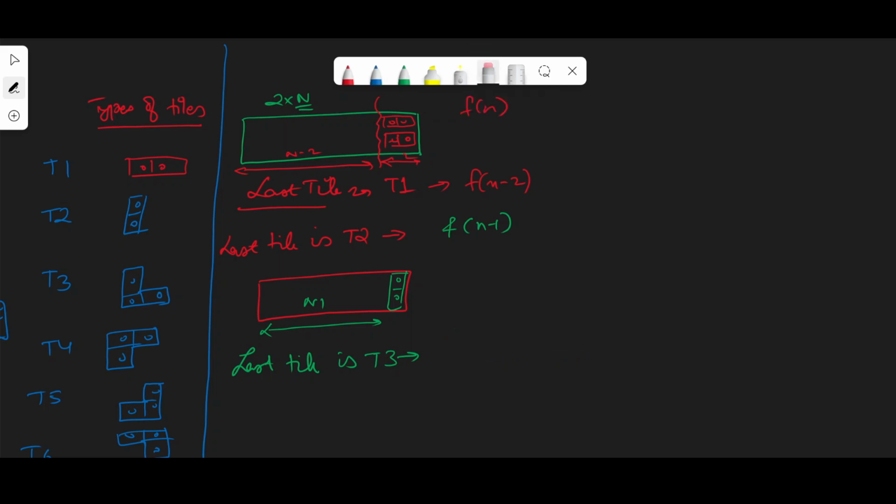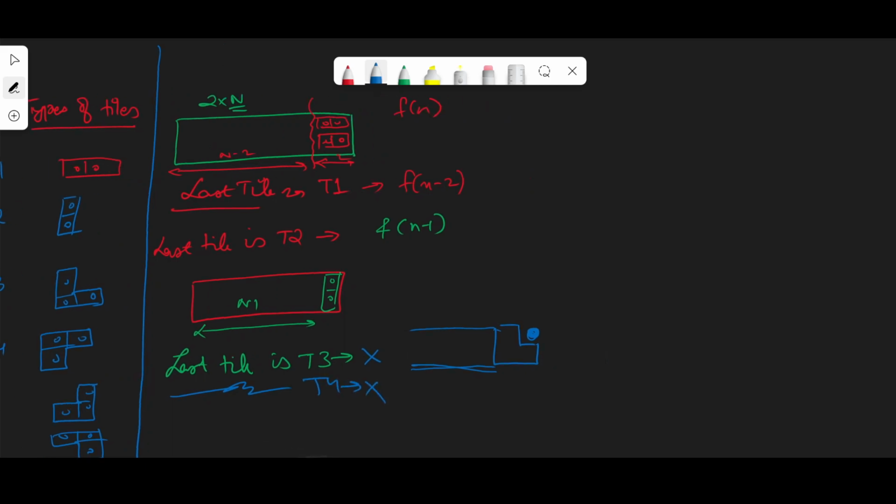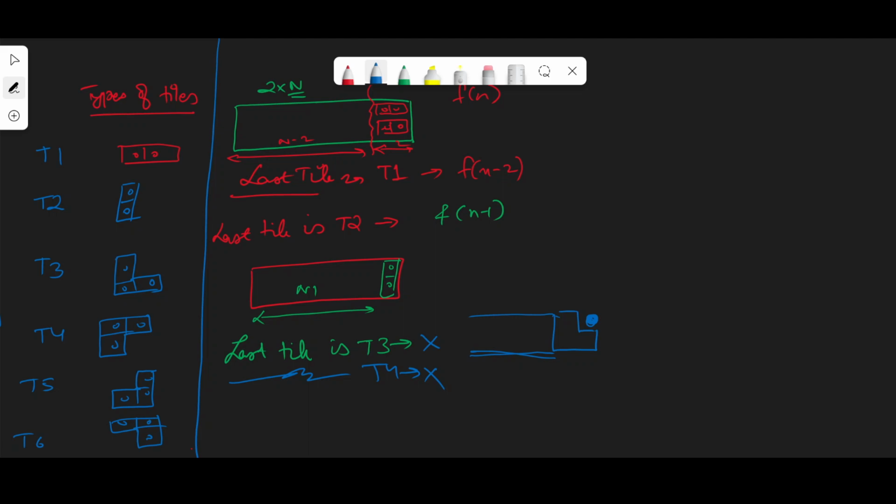Basically you can't have the last tile be T3, it seems to me, because if this is your last tile, whatever this you can fill, but this guy remains empty. So T3 cannot be the last tile, not possible. And same for T4, again not possible. So now let's look at last tile as T5.